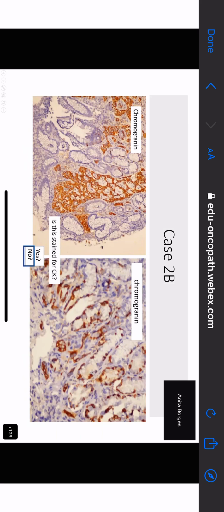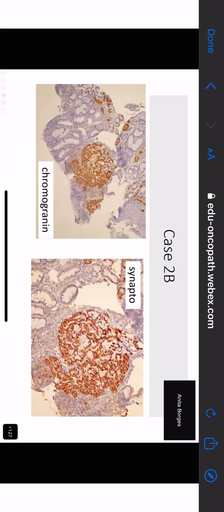You can see so many of the foveolar and glandular epithelium showing you more neuroendocrine cells than you expect, and small areas of these nests are also being stained by chromogranin. Has everybody got that now? This is not a cytokeratin stain. Okay, we've got other areas from this. I didn't show all of those in the H&E because there were fragments.